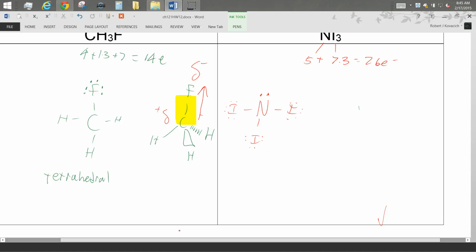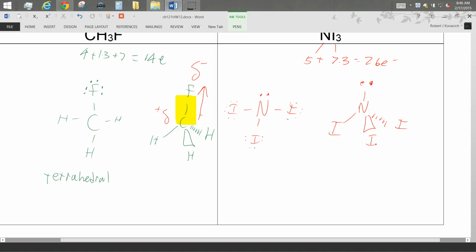What's the 3D structure for this guy look like? Okay. So I'm going to put the nitrogen here, and I'll put a lone pair of electrons up top, and an iodine there, and an iodine there, and an iodine coming out at you. All right, so what's this VSEPR shape?